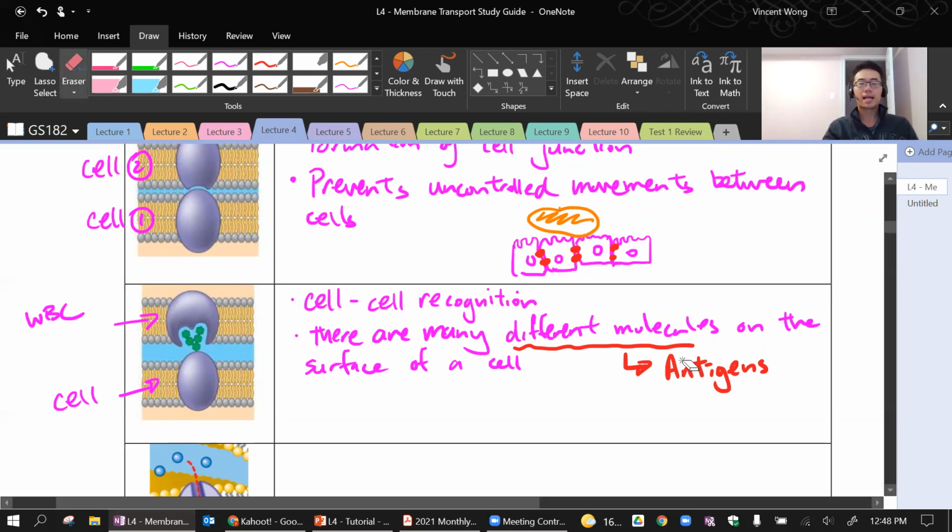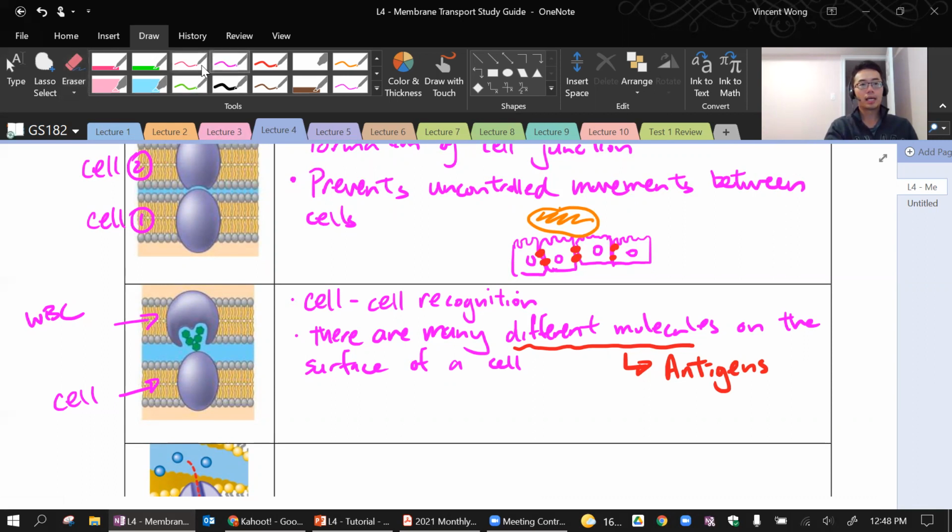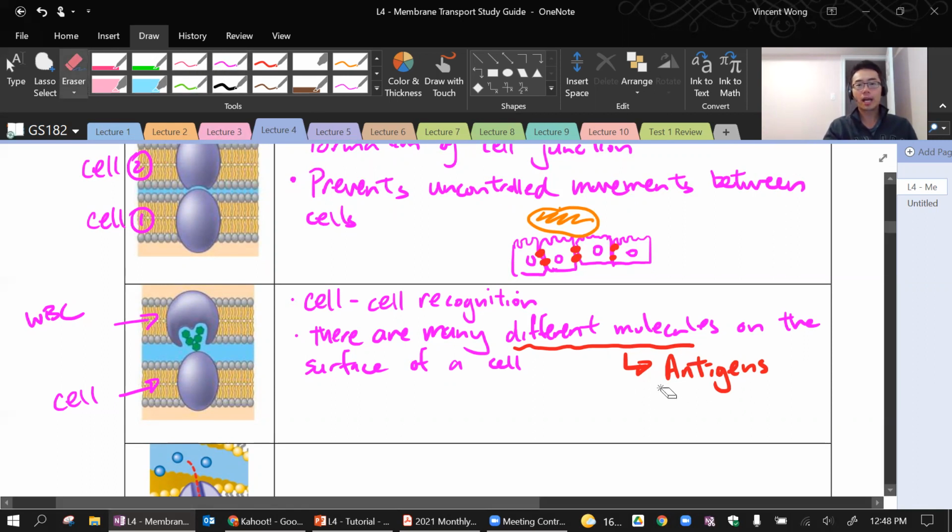However, if they detect a foreign antigen, then the white cell is going to attack them. They might eat them, they might do phagocytosis, or they might secrete chemicals to attack them. How do they check for the antigens? They use membrane proteins to help do that.